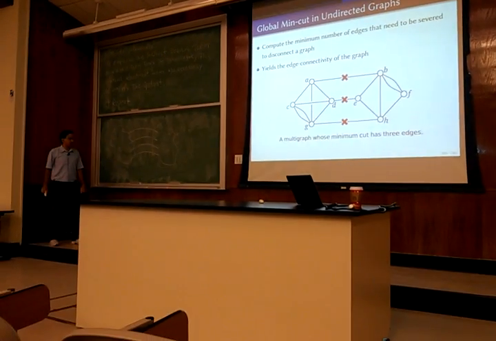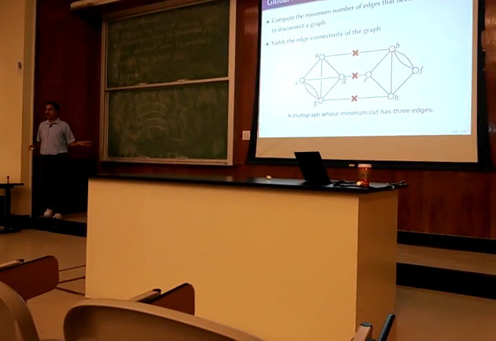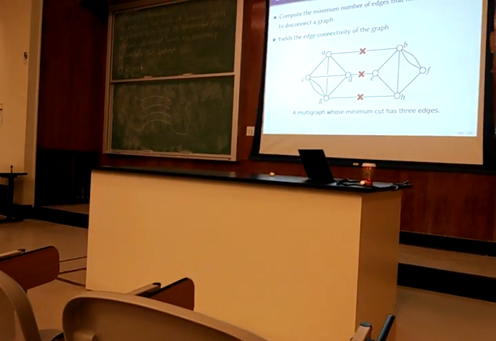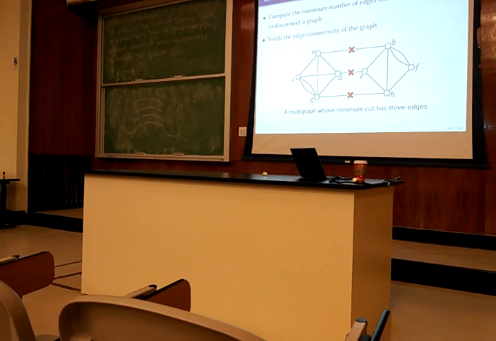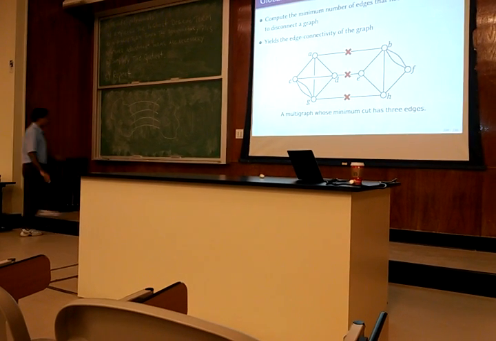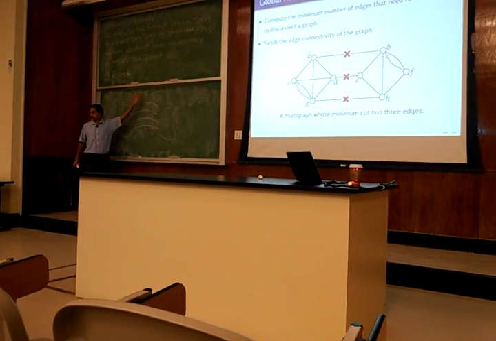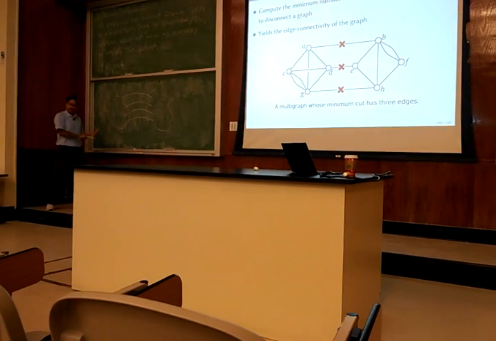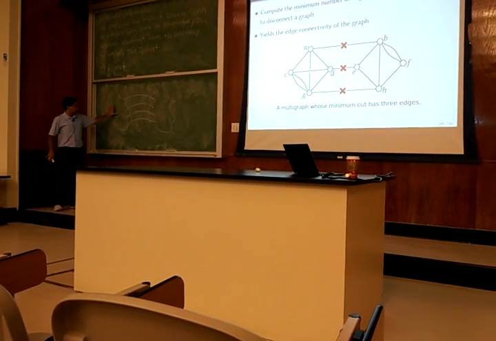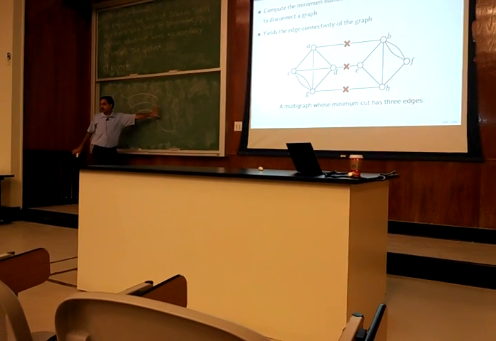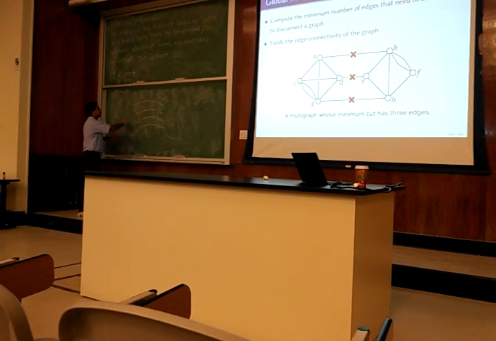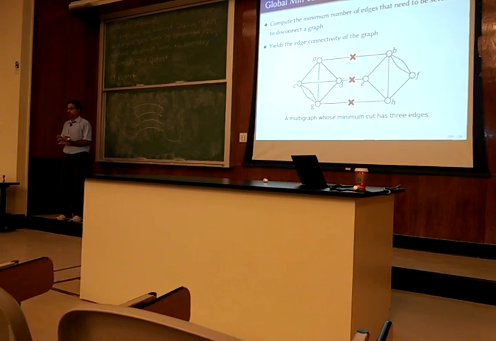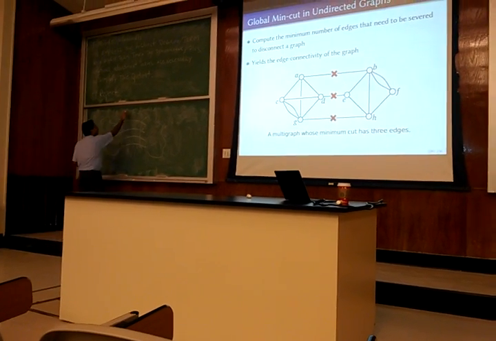The definition of a cut set is that you can divide up the graph into two parts, and then the cut set is all of the edges that are going in between. So this is a big graph, and we have divided it into two components. This is component A, and this is component B, and then there are edges that are going between the two components. So this is our cut set.